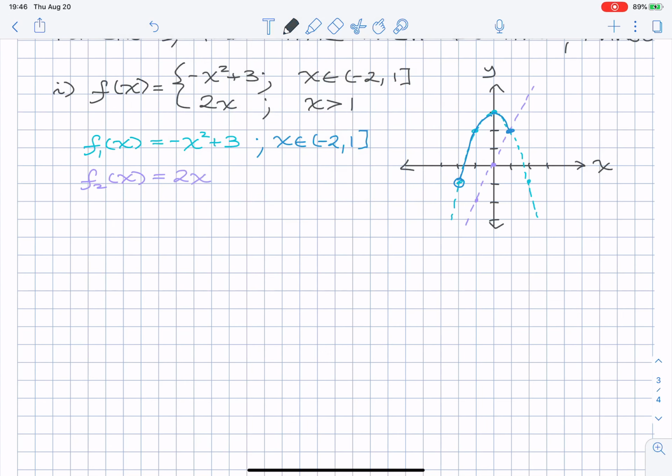So let's make sure we know that's negative 2, negative 1, 0, 1, and 2 on the x-axis. And now for the second function, x is greater than 1, so it's open, and it's everything to the right. So there's an arrow there. Notice now my graph is that which is solid. So that's the graph of this piecewise defined function.